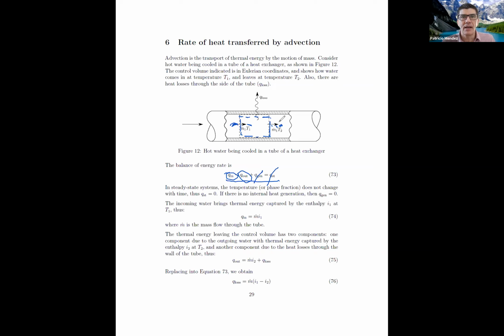That is if you're using the Lagrangian formulation, in which you move with the fluid. However, there's a smarter way of doing it in this case: if our control volume is fixed and the water comes in one end and out of the other, and we're always looking at the same control volume, we don't see any changes with time. The control volume is fixed and the fluid just goes through it.